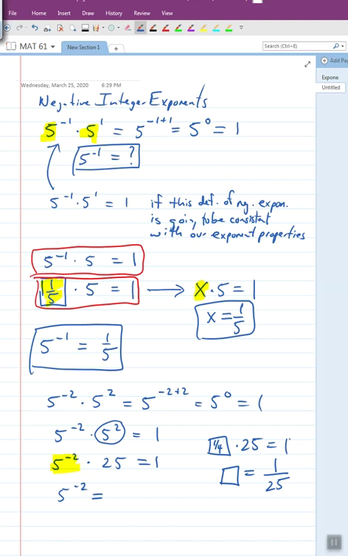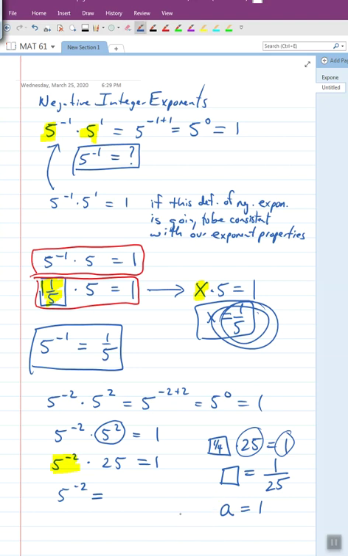But let's put it this way. How do you get a 1 out of a 25? Don't you have to divide 25 by itself? So when up here I asked you, what do you multiply times 5 to get 1? You said 1/5. Okay, what we're saying down here is, what would you multiply by 25 to get 1? Would it be 1/25? I guess the thing we're dancing around here is, if I give you a number A and I say, what would you multiply that by to get 1?